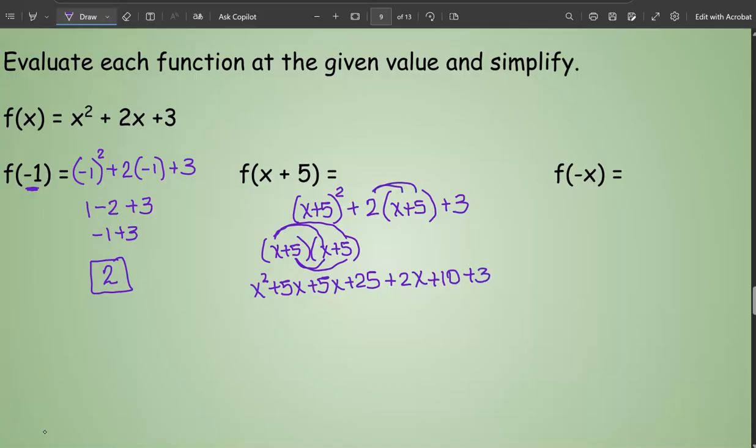So combining like terms, I see I've got 5x, 5x, and 2x. So that's x squared plus 12x. And I've got 25 plus 10, which is 35.